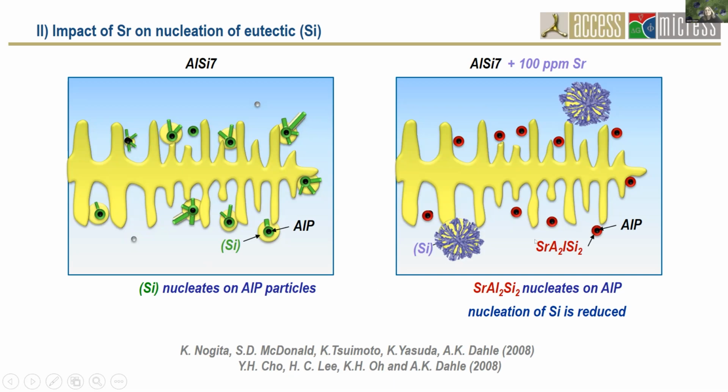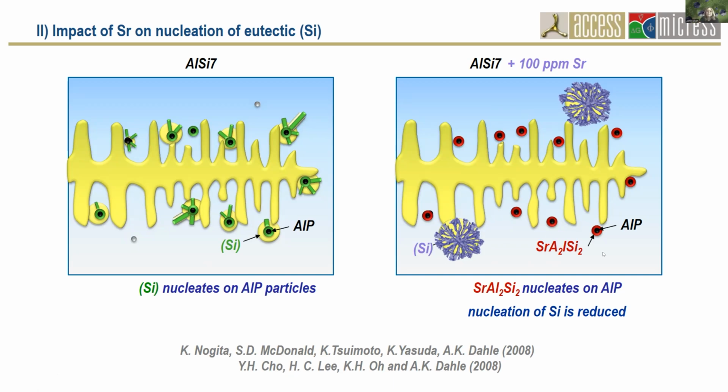However, when we have a certain amount of strontium above a critical value, then strontium aluminium silicides will form before the silicon and can poison these nucleation sites. So these are now poisoned, and nucleation of silicon is significantly reduced.